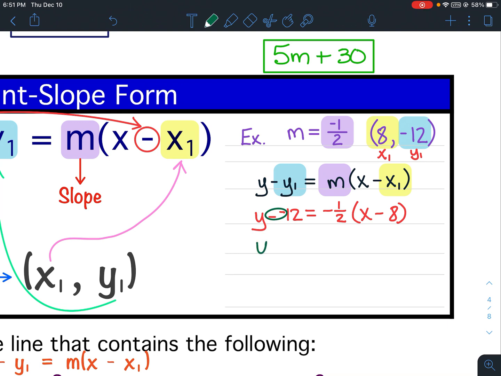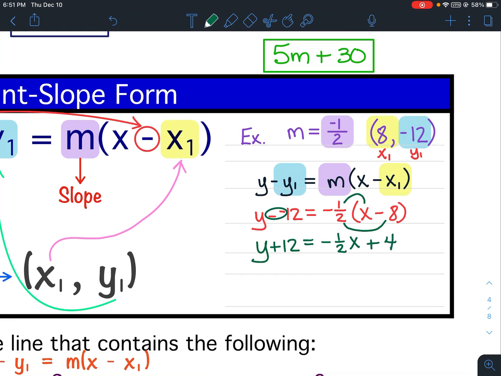So this would become y plus 12. And at the same time, I want to do the distributive property on this side. So I'm going to take negative 1/2 times x to get negative 1/2 x. And then negative 1/2 times negative 8. Two negatives become positive, and half of 8 is 4.